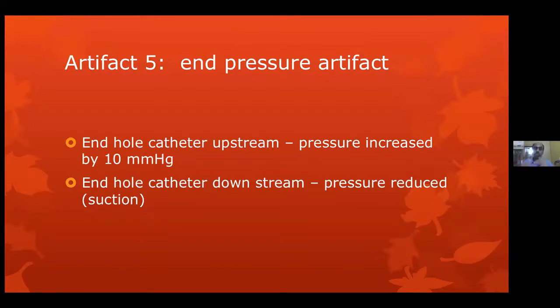What is downstream end pressure artifact? I have a right ventricular multi-purpose catheter, which I take into the pulmonary artery. The blood is moving away from my catheter in the pulmonary artery, so there is something like a suction effect. I will be recording a lower pressure in the pulmonary artery. So end pressure artifact depends on whether my end-hole catheter is upstream or downstream.